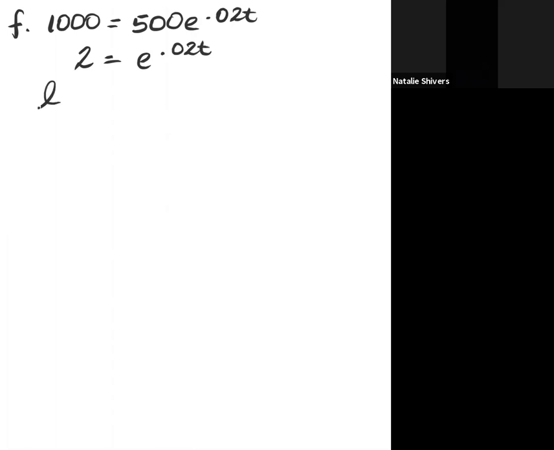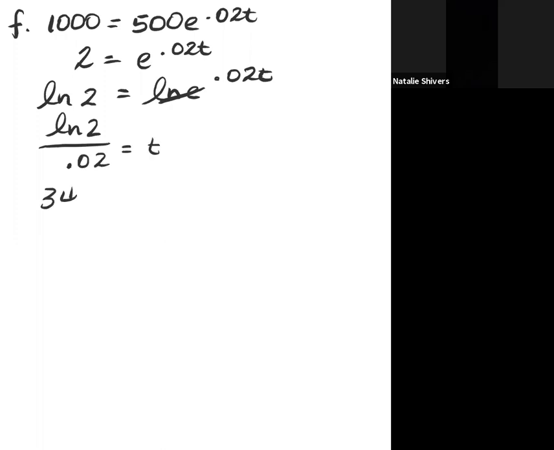Again, you can take the natural log of both sides and divide, or take that ln of e out, divide by 0.02. And to the nearest 10th of a day is 34.7 days. Okay, so that's number 1 on 6.8.